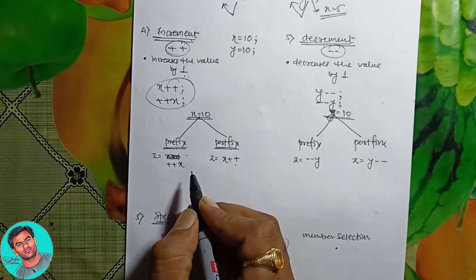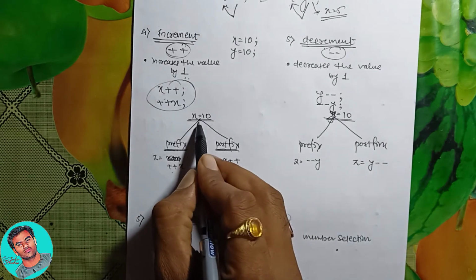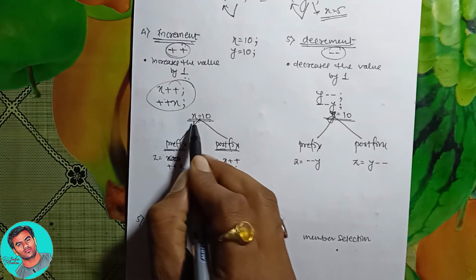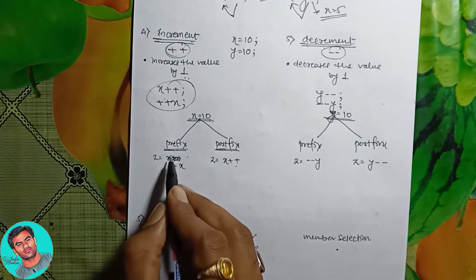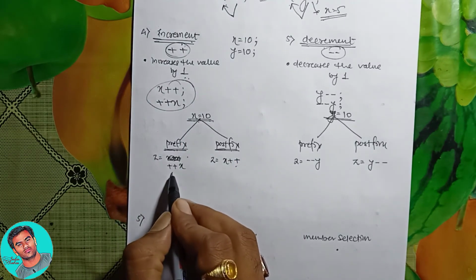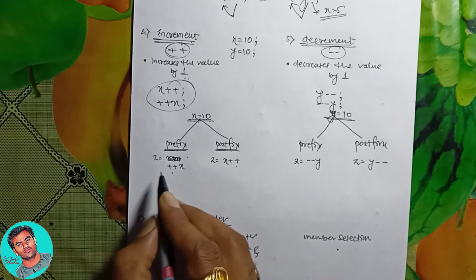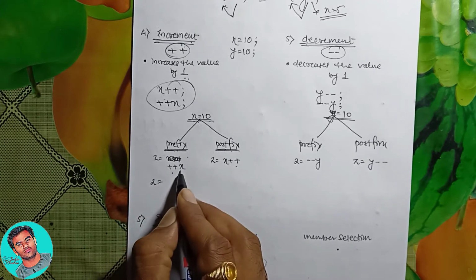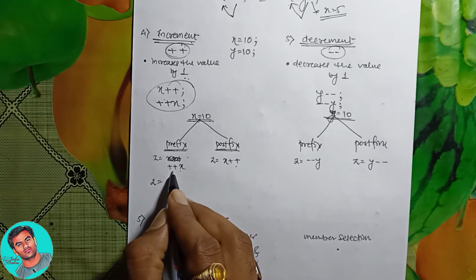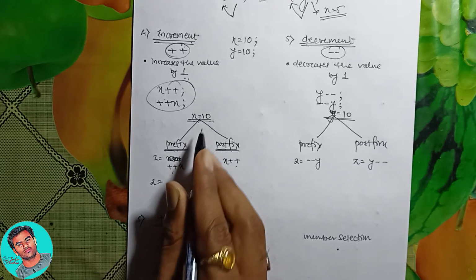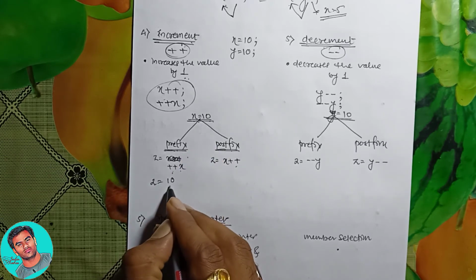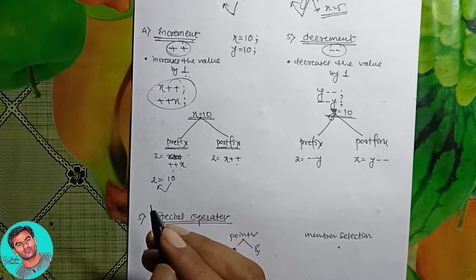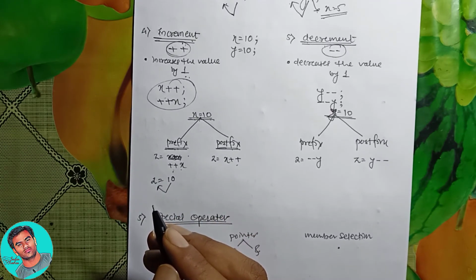Now what exactly is the difference here? For example, consider x equals to 10, and if I am writing a prefix statement, that is plus plus x there, the value of x first gets incremented by 1 because of this plus plus, so the value becomes 11, and now this is going to be inserted in a variable z.